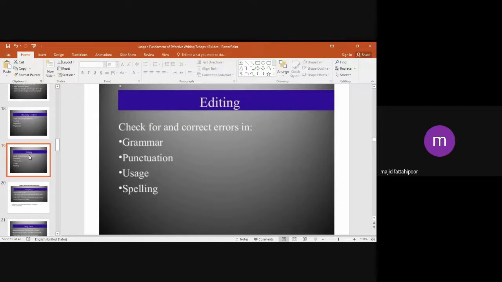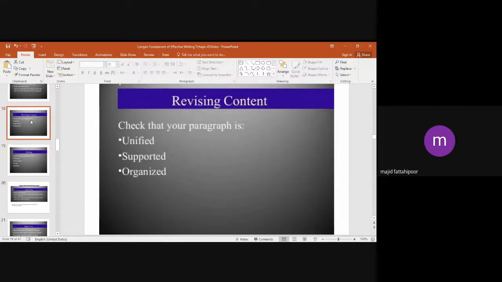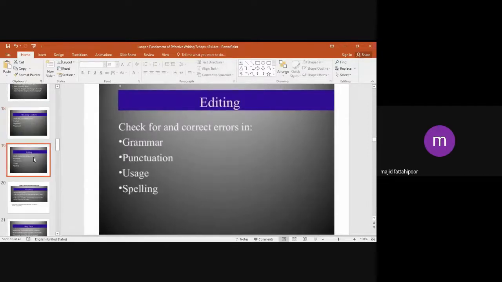Many people, including myself, sometimes are tempted to check the errors without checking the meaning first, because it's natural, because they come to our view sooner. They are easier to check. That's why I put it second to meaning. First of all, you check the meaning, unity, support, and organization. Then you go to grammar, punctuation, usage, and spelling.